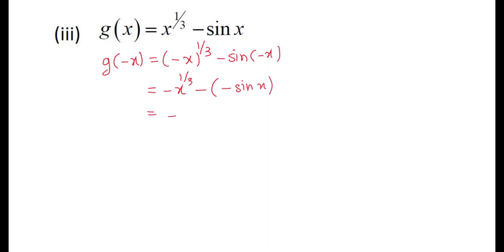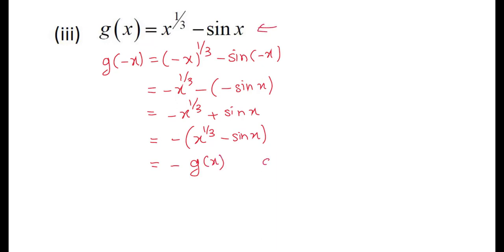So you will get negative x to the 1/3 plus sine x. And then we factor the negative outside, so we get negative of x to the 1/3 minus sine x. So this one is equal to negative g(x). Okay. So this is an odd function.